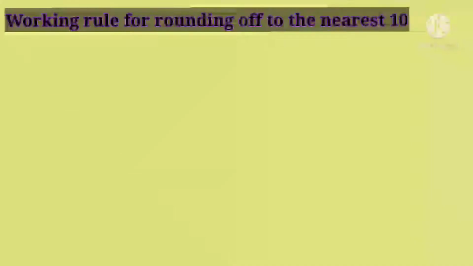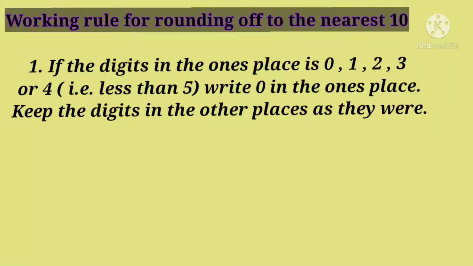Now let's understand the working rule for rounding off the number to nearest tens. To round off the number to nearest tens, we follow 2 simple steps. First step, if the digit in the ones place, which is right of the tens place, is less than 5, then we write 0 in the ones place and keep the digits in the other places as they were.